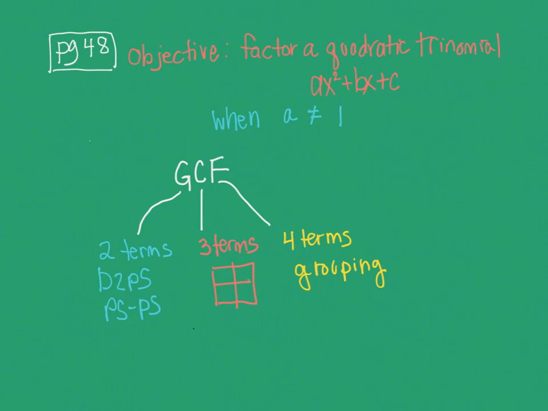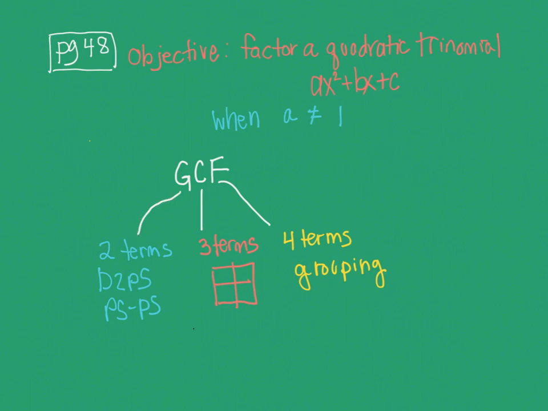Keep in mind that as we're going through all of our different types of factoring, the first thing that we always look for is if there is a greatest common factor. After that, the number of terms tells us what we're looking for and how we're going to complete the problem.